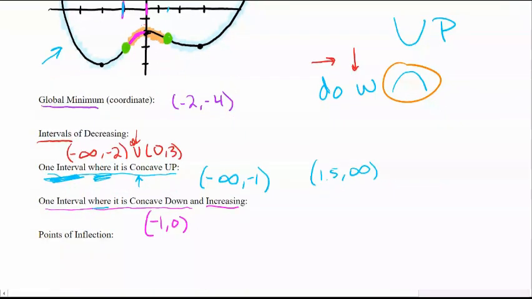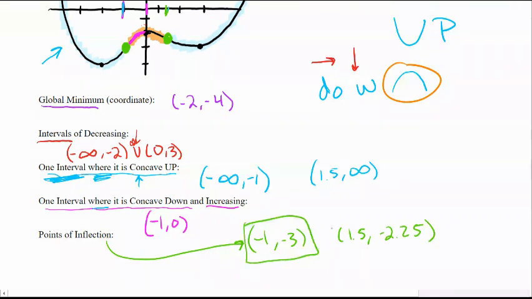So those two points or coordinates here, the first one's (-1, -3). And the second one, we're going to have to estimate because my graph isn't perfect, but we'll call it (1.5, -2.25). This isn't perfect, but that's just my estimation for what my points of inflection are.